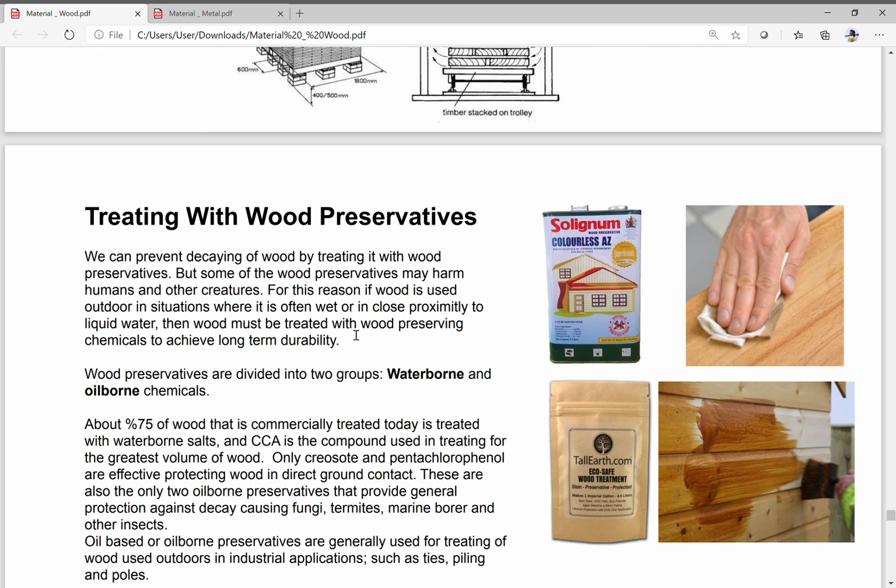So treating wood with preservatives. The decay of wood can be prevented with the use of wood preservatives. Hopefully, with these chemicals, you have to select the most environmentally sound or most safe for anyone who will come in contact with the finishing. So you have your oil, and then you have your waterborne treatments.